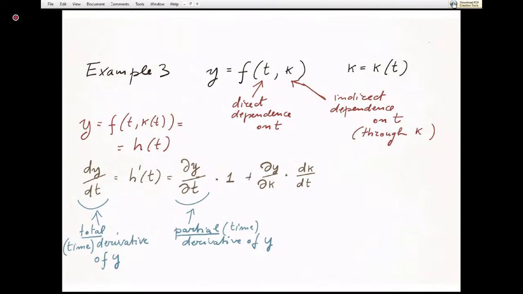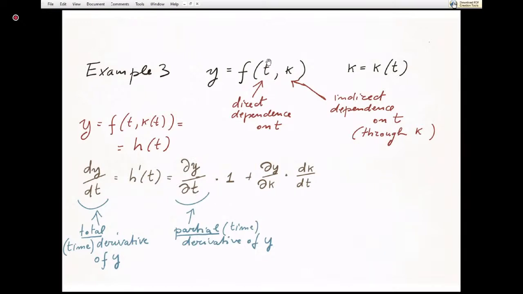So if I want to compute the derivative of y with respect to time, because y depends on time, in this case it has a direct dependence and an indirect dependence. I have to compute the partial derivative of y with respect to its first argument. So it's the partial derivative of y with respect to time, times what?